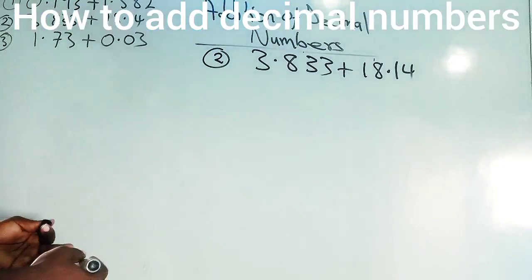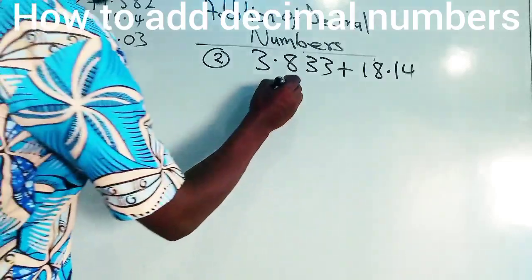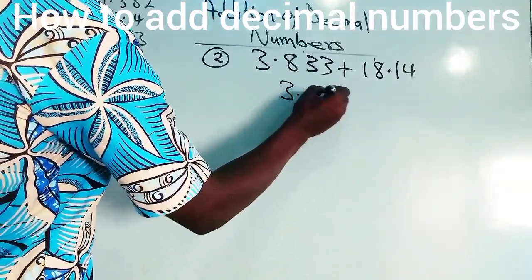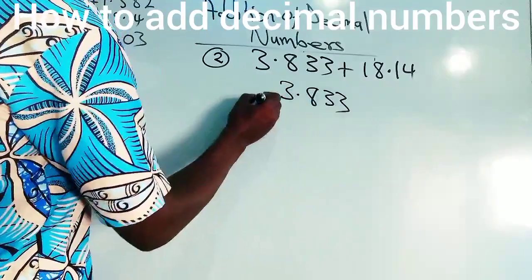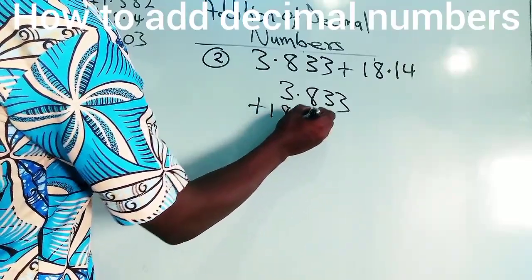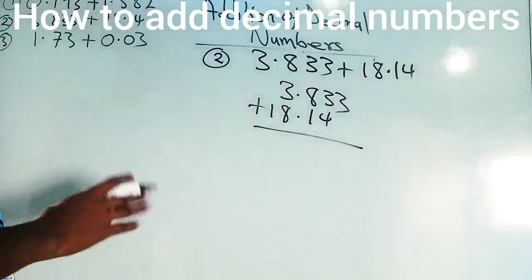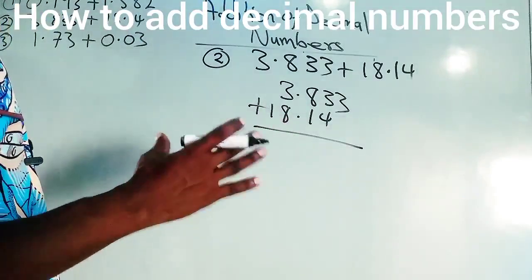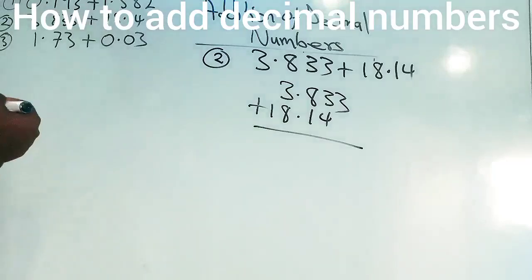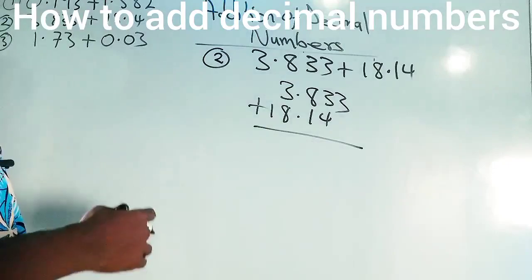Let us rearrange them so that we can realign the decimal places very well. We have 3.833 plus 18.14. As I said, if you don't know how to align your decimal places, kindly go to the previous lesson, go and watch that one first before you come here.